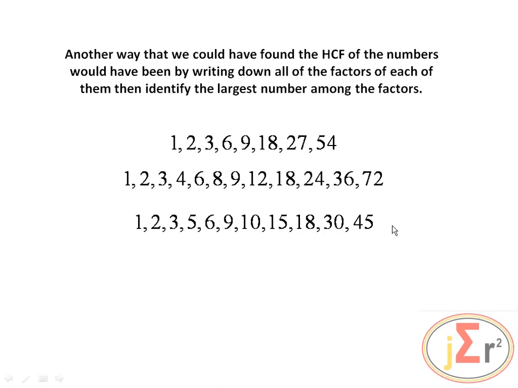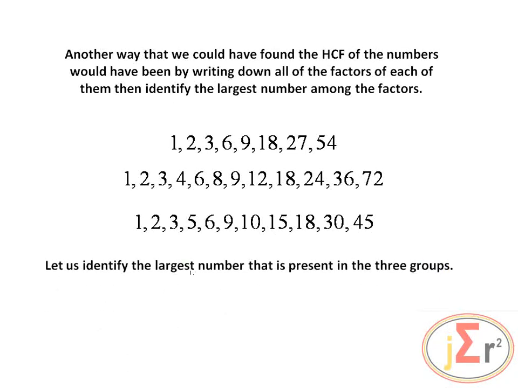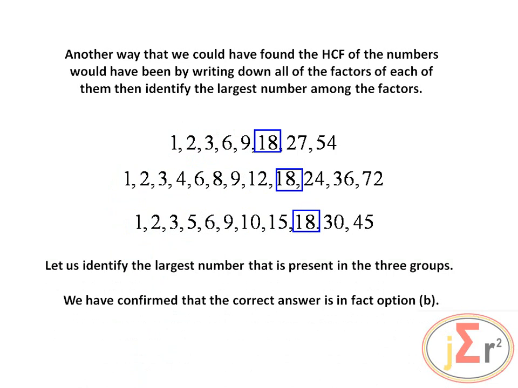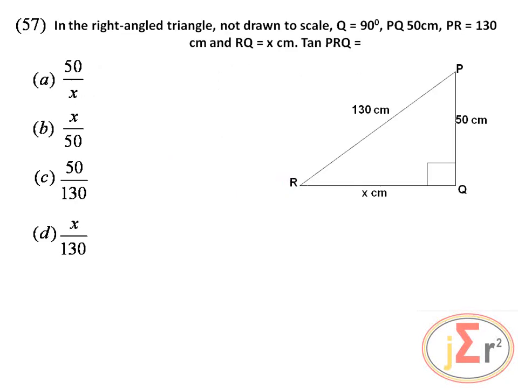So the only one that is missing right here is 90. So all of the factors of 90 with the exception of 90. Let us identify the largest number that is present in the three groups. We have confirmed that the correct answer is in fact option B.